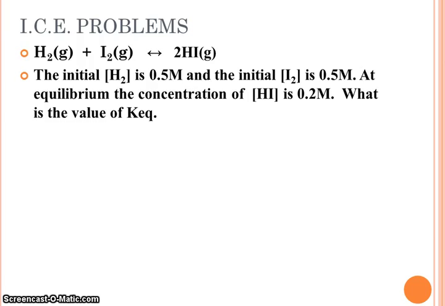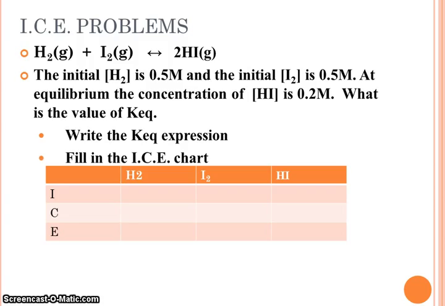So what we would do is we would write the equilibrium expression, fill in what we refer to as an ICE chart, and then calculate K. So the first thing we'll do is fill in our ICE chart.